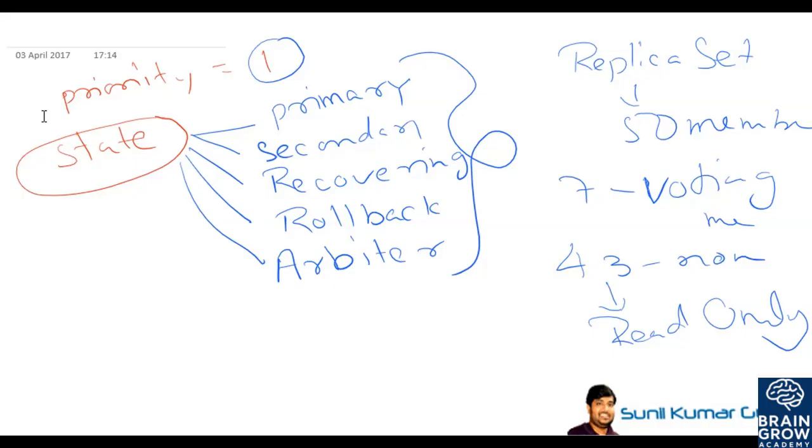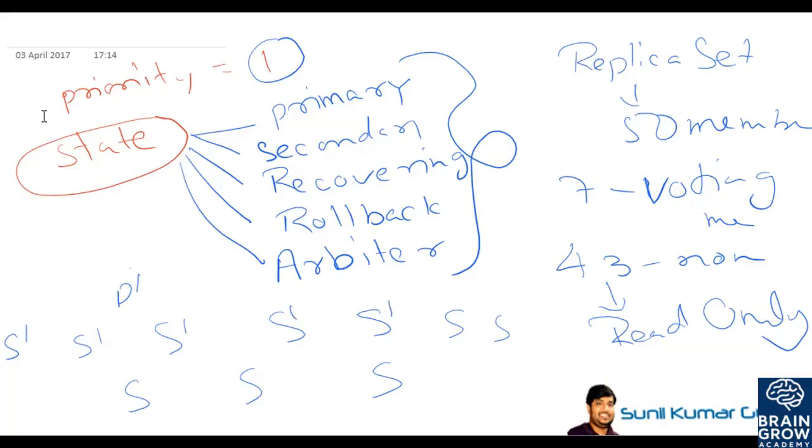So this is all about voting members and non-voting members. Suppose we have a replica set which has one primary node and secondaries, say 5, 6, 7, 8, 9, 10. This is the primary. It will have 1 vote, and each secondary 1 vote. All these are voting members, right?